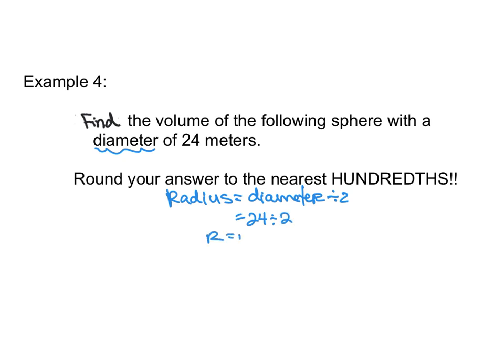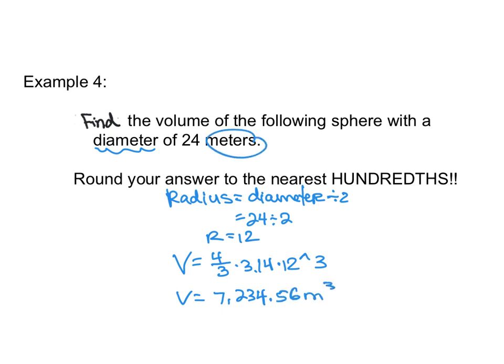So our radius is going to be 12. So our formula is 4/3 times 3.14 times 12, and then remember, we have caret 3 is how we put it in our calculator. If we do that, our volume is going to be 7,234.56 meters. Remember it's meters cubed, and this would be our volume.